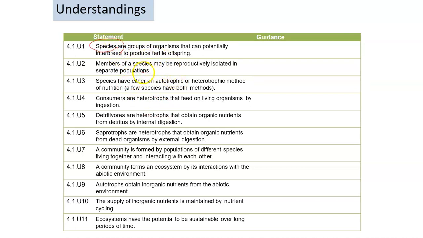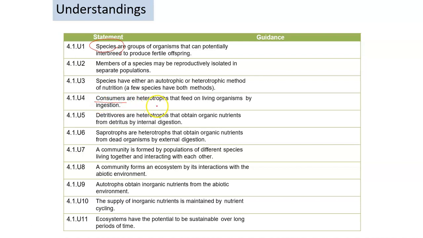and then what is a member of the species, and what do we call a species, what is the definition, how do we say that this is a species. Then we have some different categorizations or classifications in terms of the way that animals eat.